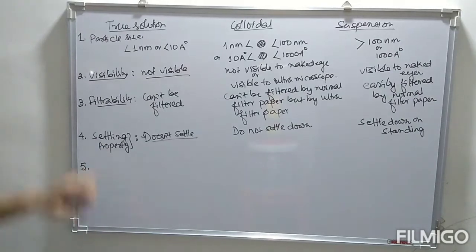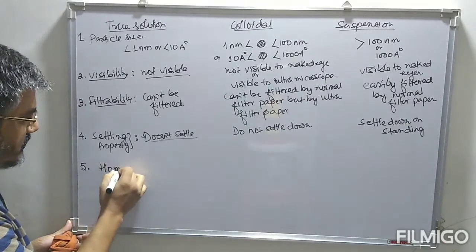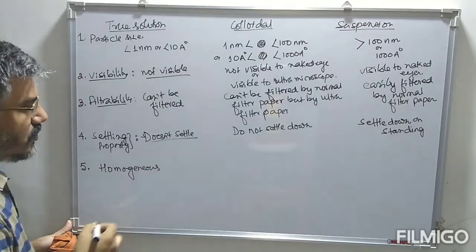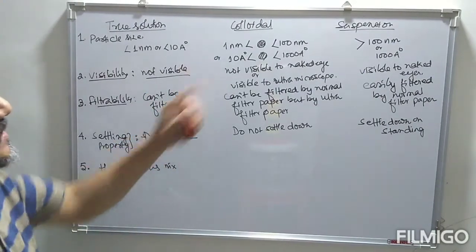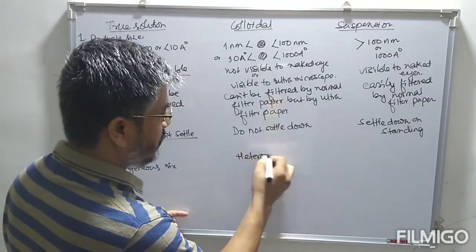Next, true solution is a homogeneous mixture, whereas colloidal solution is heterogeneous.